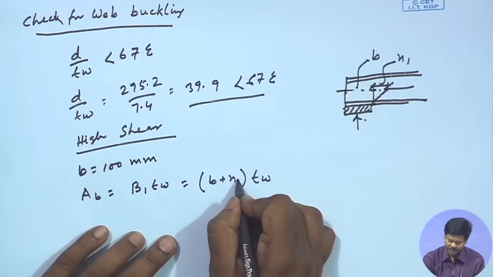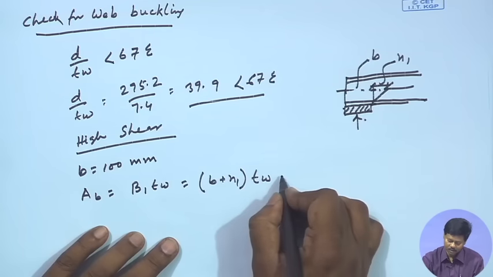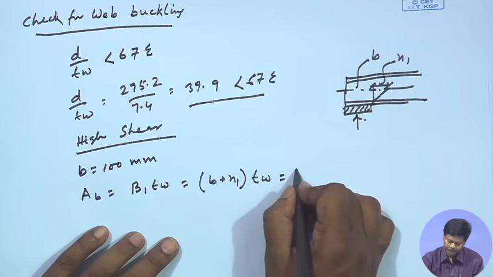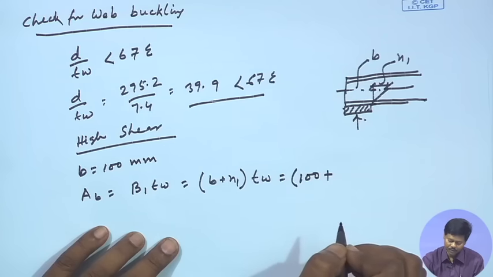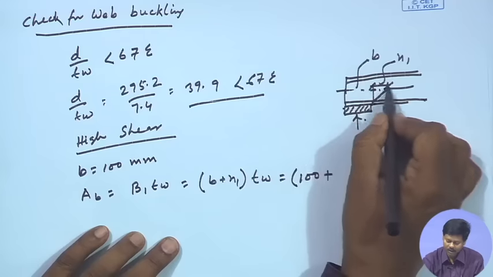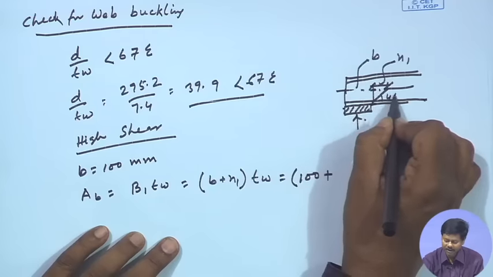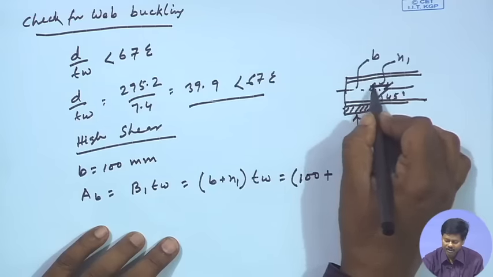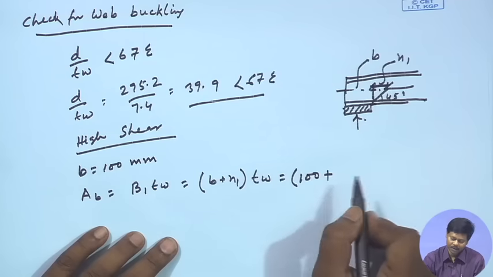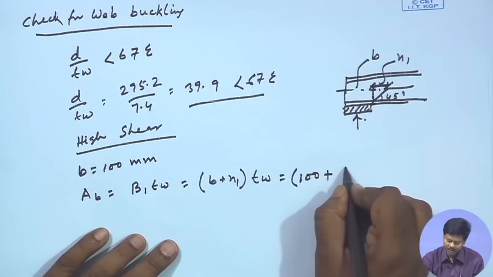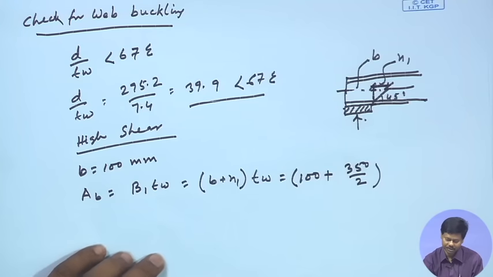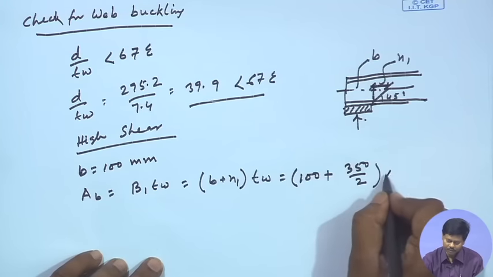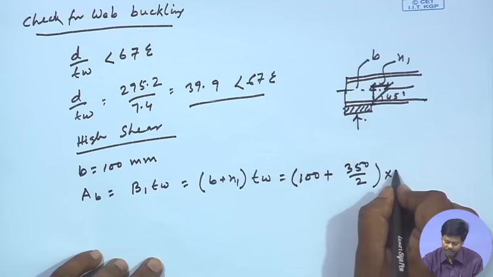So, b plus n1, where b is given as 100 mm we have assumed, and n1 will be, as this is a 45 degree angle, the half of the depth, that means 350 by 2 up to the neutral axis, right, and into tw, the thickness of the web, which is 7.4.